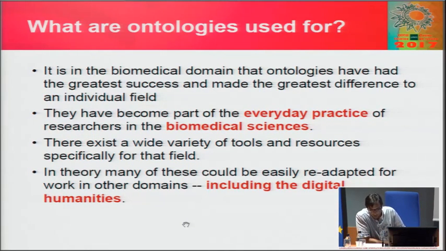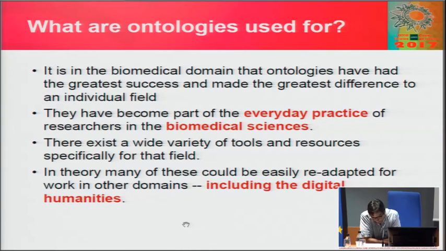So, in order to probe a little bit further into how ontologies are used in practice, I want to single out one domain of research in particular, and that is the biomedical sciences. It's probably the domain in which ontologies have had the greatest success and made the greatest difference to the field, to the extent that they've really become part of the everyday practice of researchers in the biomedical sciences.